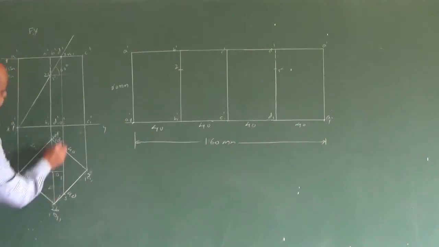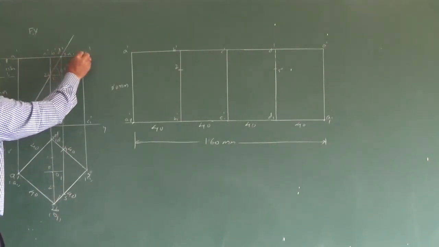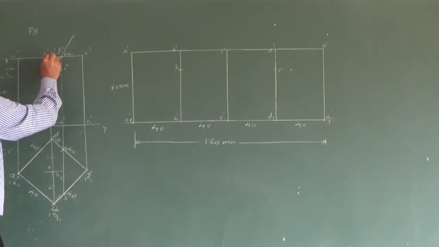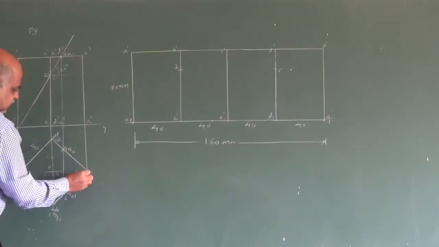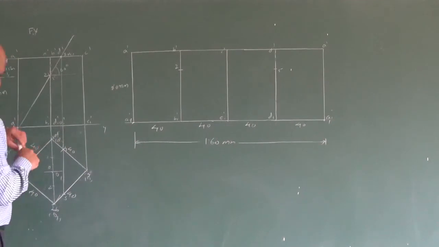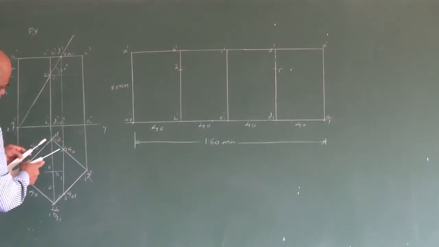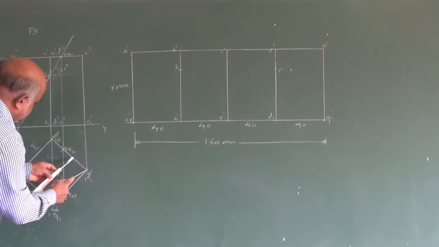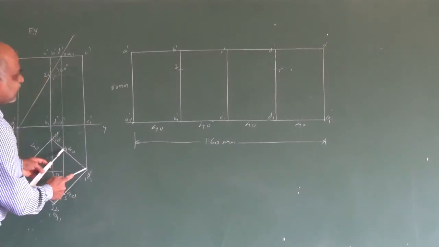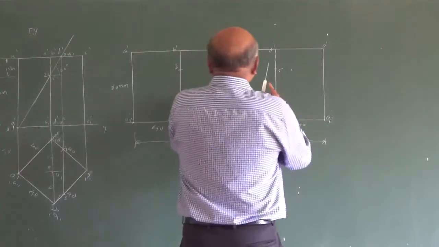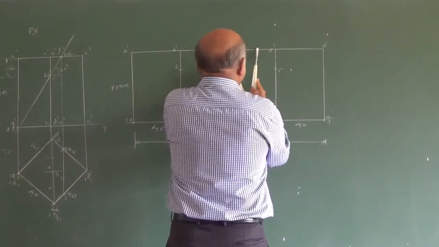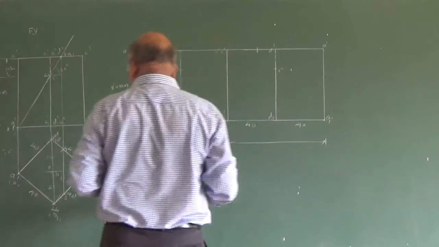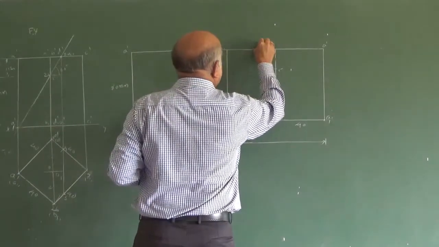But cut section is there. This plane is passing in between B to C and C to D. How much distance? In between C to D, this much amount of gap is there. This is 4.